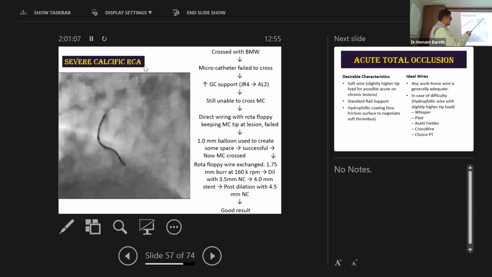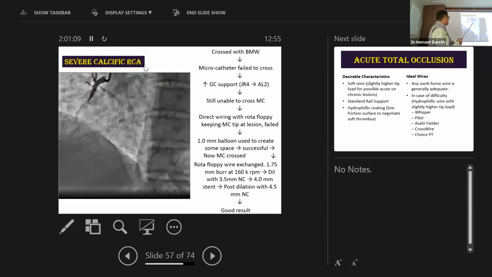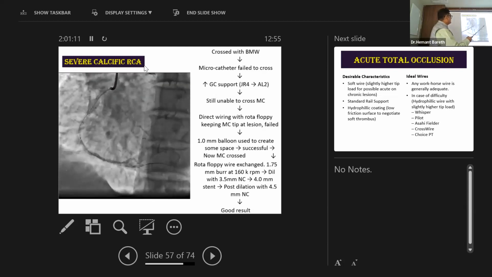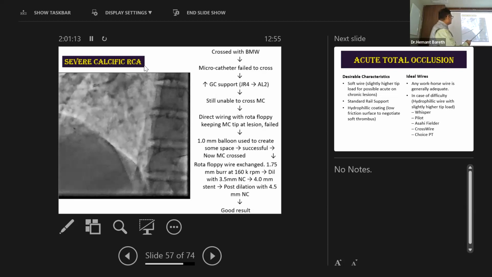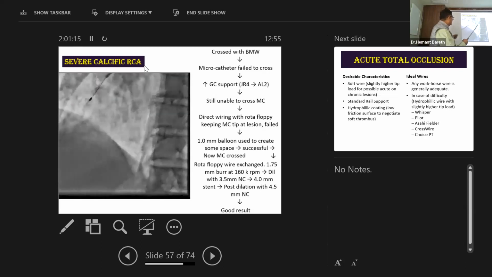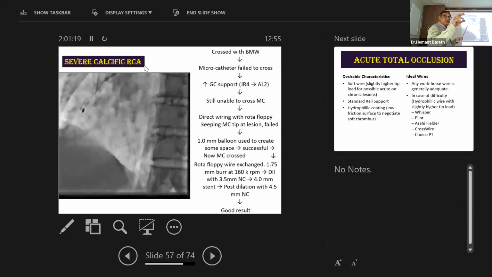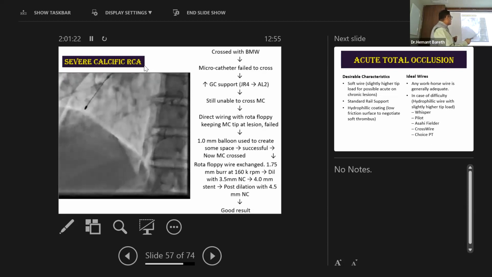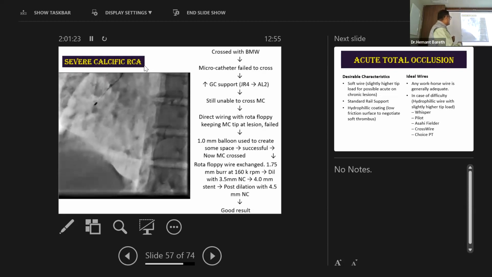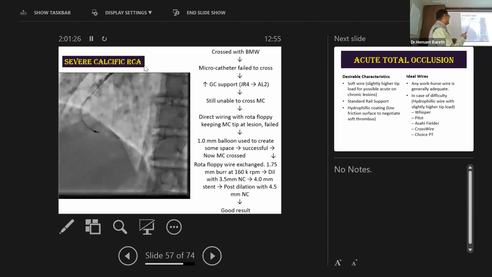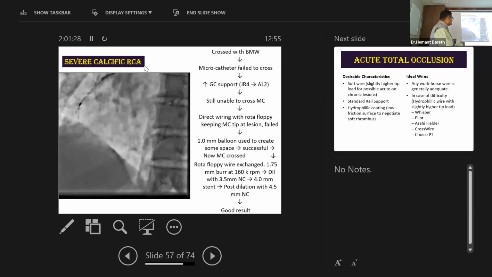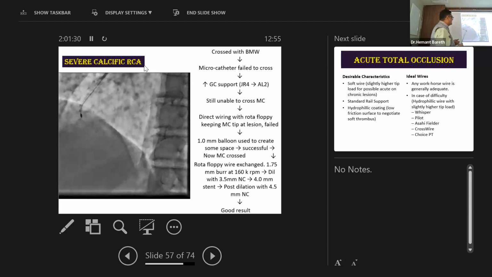Improved the support, shifted from JR4 to AL2, still unable to cross. And what was done was that a balloon was used slightly to open the tip, and through that the rota wire was passed. And through that direct wiring with the rota wire, it could cross, and the rota is done.